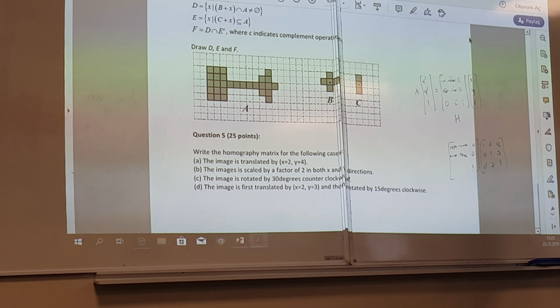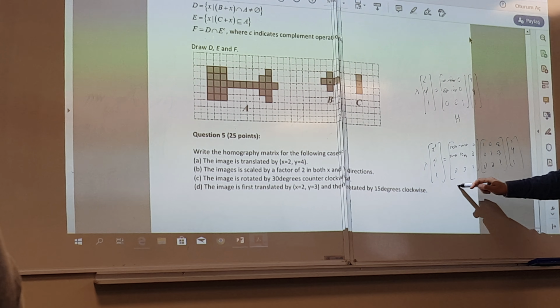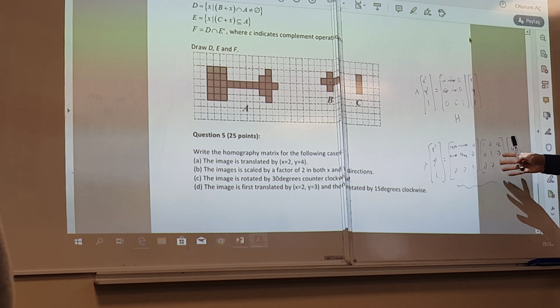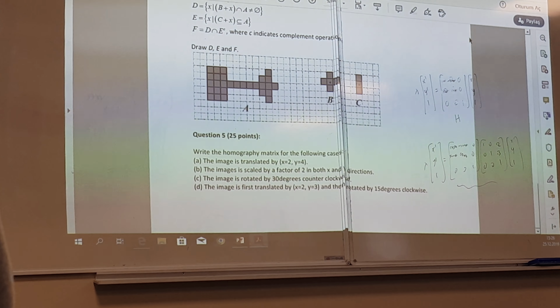You put the theta in there, which will be equal to x prime, y prime, 1 and lambda. You can multiply these two matrices with x, y, 1 to get a single homographic matrix, which is going to be 3 by 3. If you leave this in this way, it's perfectly fine. You don't need to do all the matrix product and get a single matrix in there. This is enough for me to see that you understood what to do.